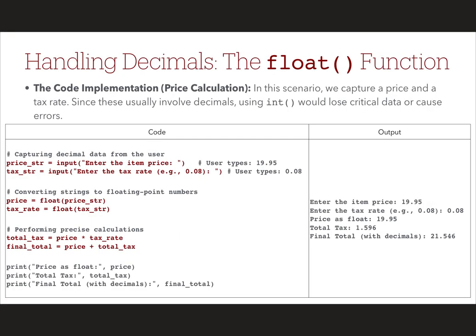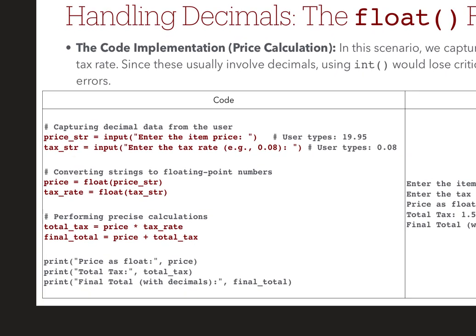Anyway, in this example, if I have this input with a certain prompt, and here the price is asked. Suppose that the user types, say, 19.95. And for the next question, for the tax rate, suppose that the user types, say, 0.08.